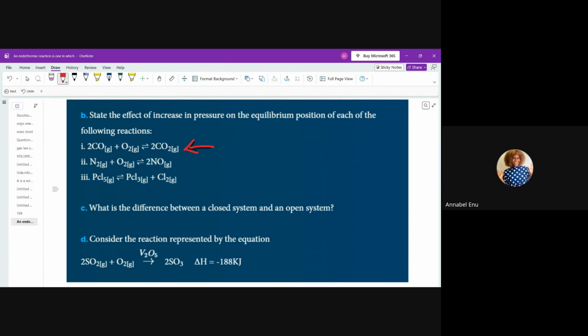All right. Yes, it will increase the yield of CO2. Yes, but the question is asking what will be the effect of increasing the pressure.